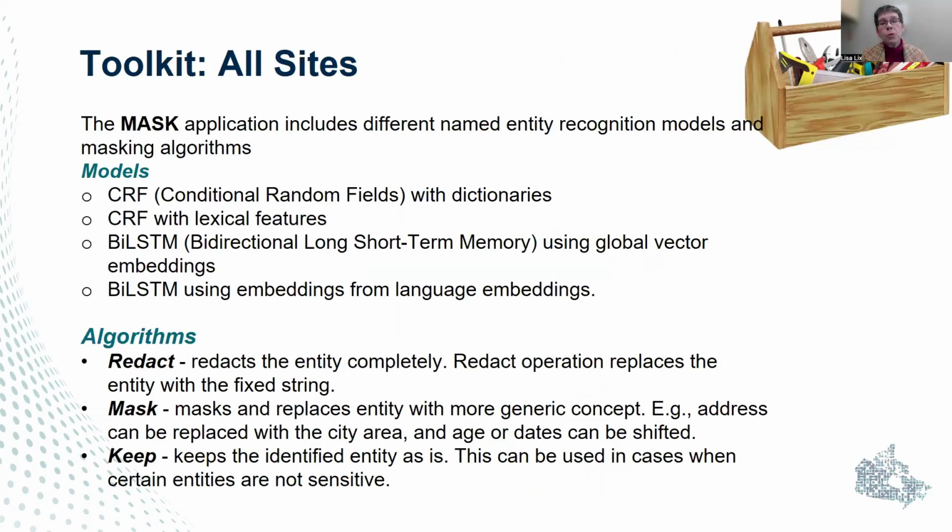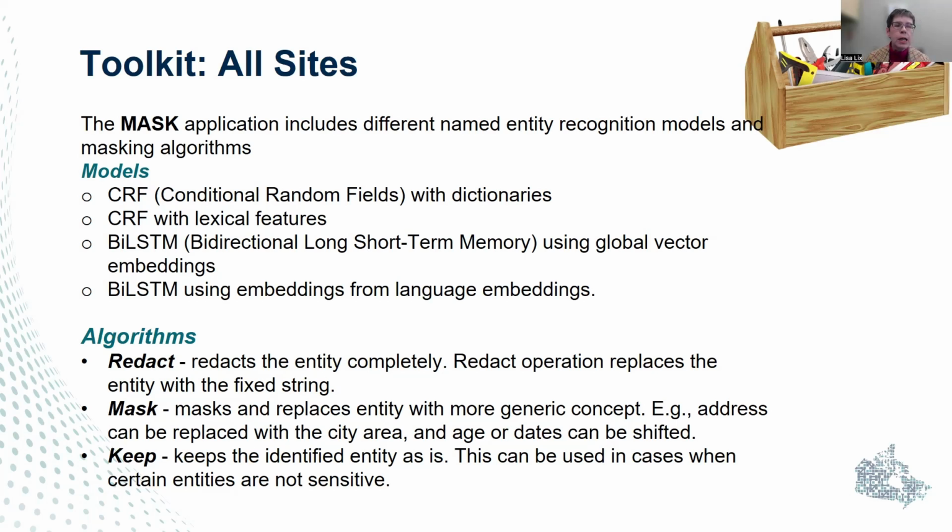The masking tool that we'll be using, this AI-based model, has a number of different algorithms within it that are based on different kinds of AI tools and also different approaches to deal with the personal identifiable information based on dictionaries, as Mahmoud has described, and also vocabulary, and looking at the surrounding words.